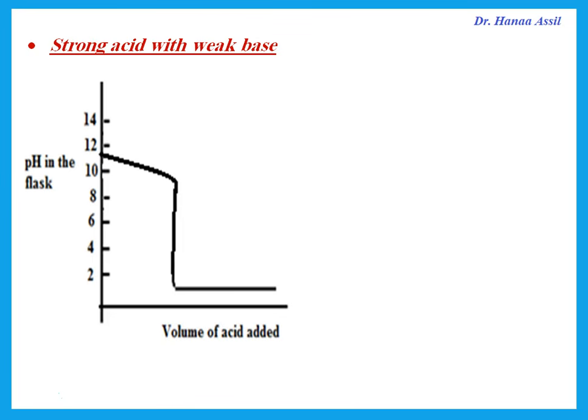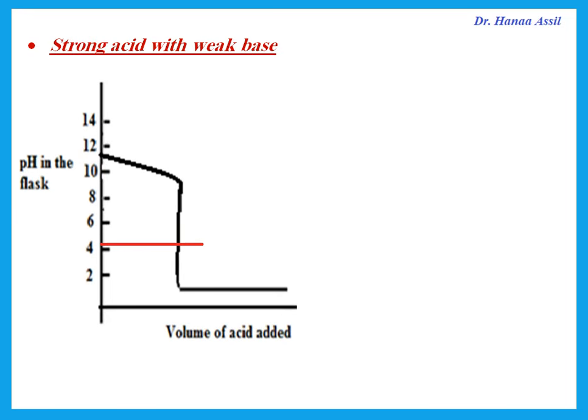So we're starting with a weak base, so the pH is about what, 10, 11. As I add the acid, it will decrease until it is neutralized, and then the extra acid would cause the pH to become very low. Where is my equivalence point? It's about maybe 4 or 5. 4 point something or 5.